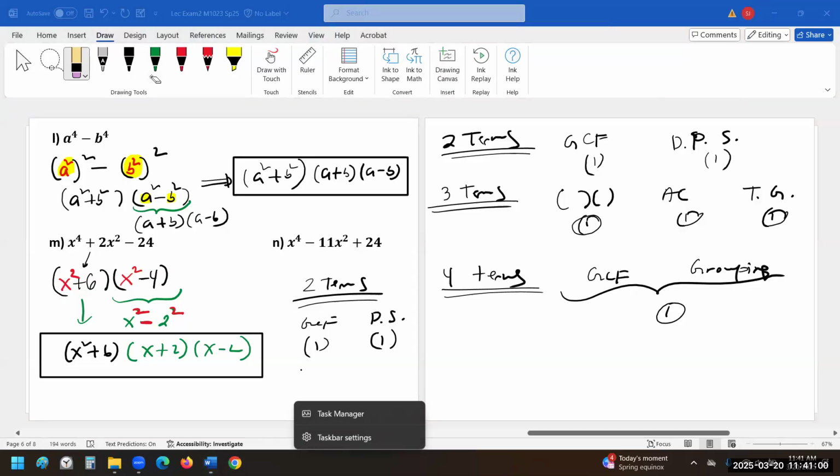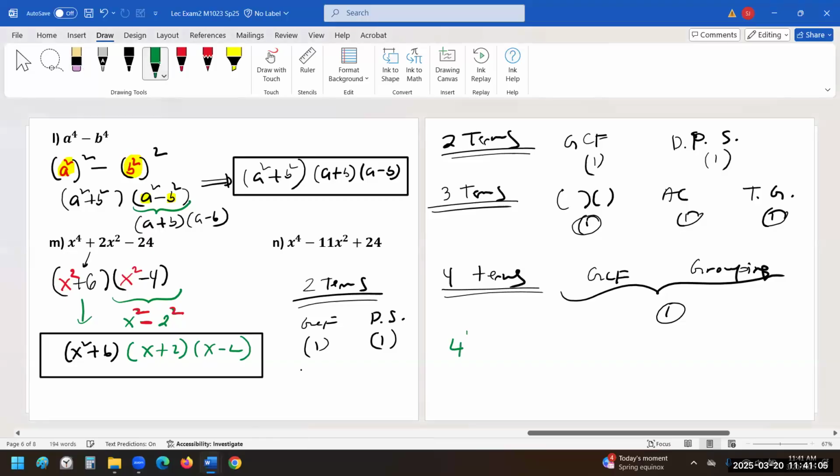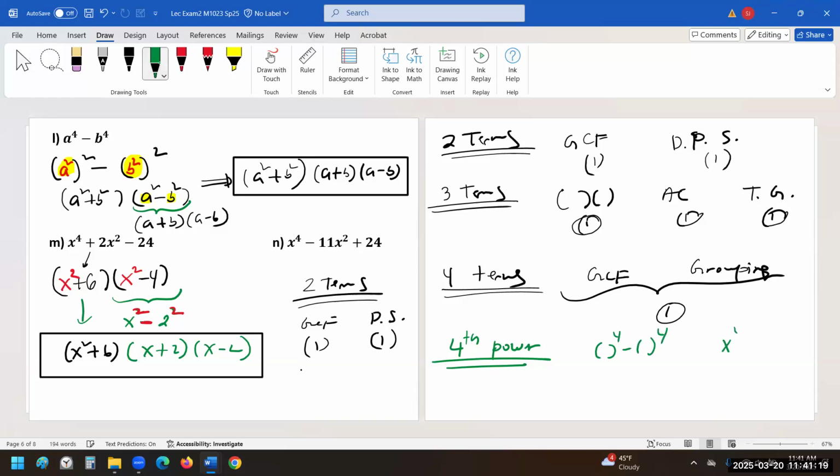And then we have fourth power. Fourth power has two choices, either something to the 4 minus something to the 4, or x to the 4 and then x squared and then a number. So 1 and 1.